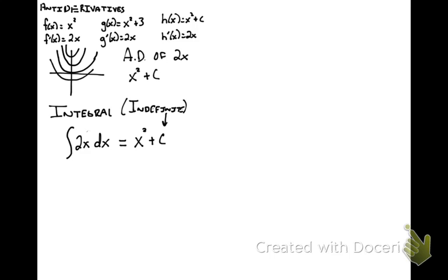So if the relationship is that f of x is equal to the derivative of big F of x, then it is true that the original function, big F of x, is equal to the integral of f of x dx.